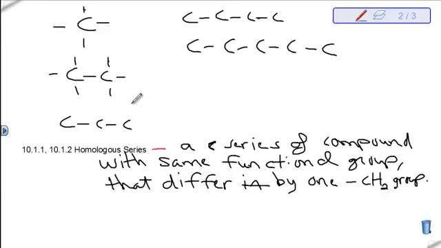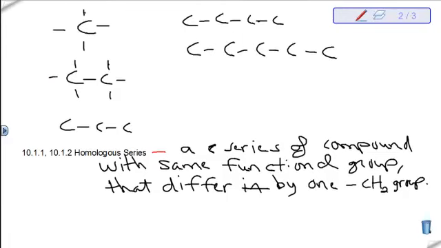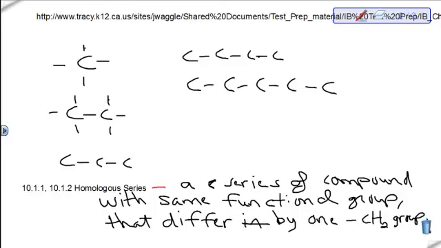Now the reason you need to know that is not simply to define what a homologous series is, but rather to understand the physical properties of chemicals in a homologous series. Remember, physical properties are typically a function of intermolecular forces. I'll show you this picture in a second.